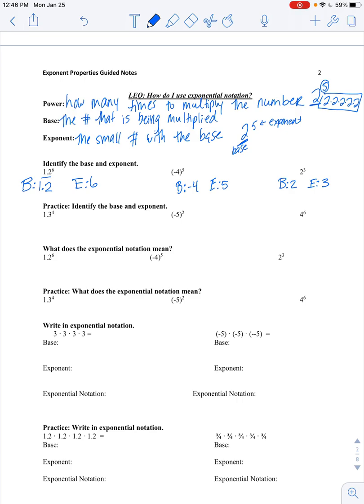This should be really just a review, because at some point in time you did learn about bases and exponents. So you can go ahead and do the practice, and then when you're done, play the video back to make sure your answers match.